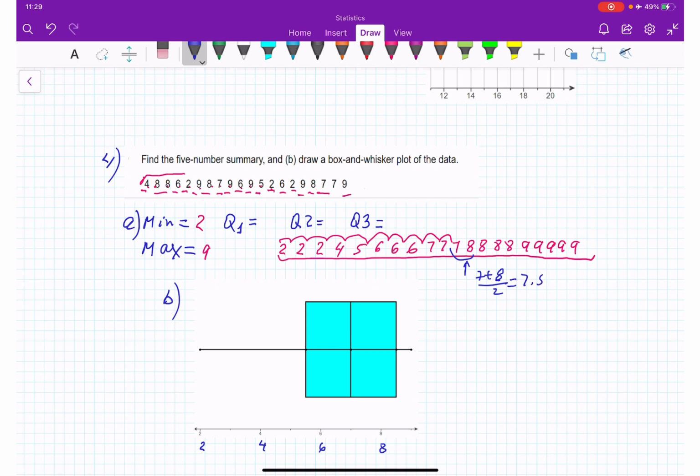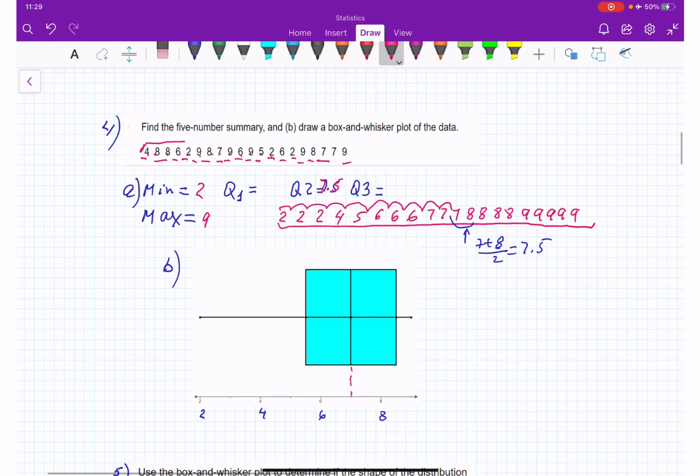So it's 7.5. Which is going to come here. But it looks like 7 here. Let me see. Yeah, it looks like 7.5. Okay, 7.5.